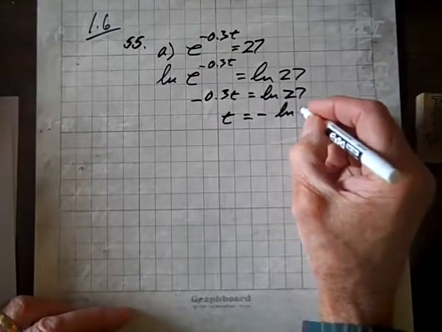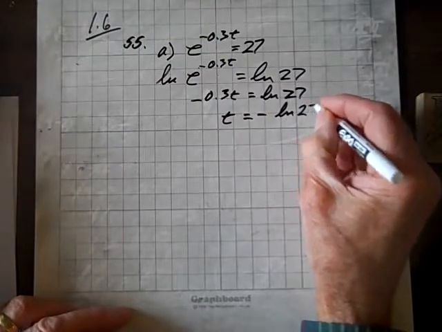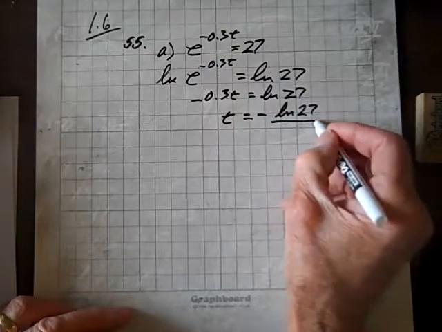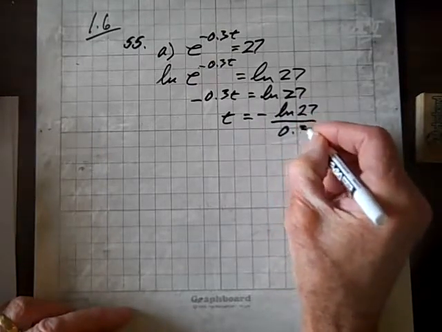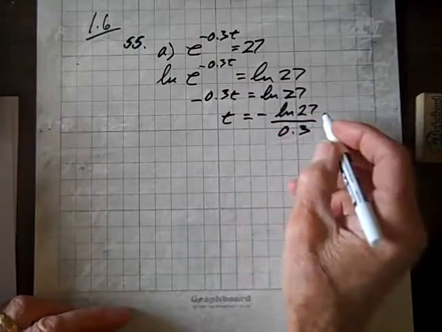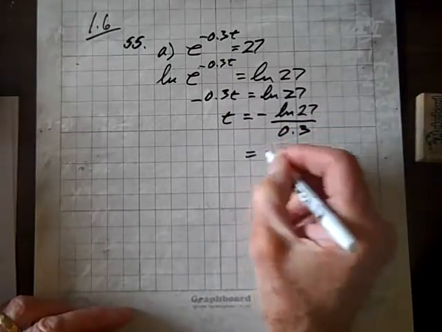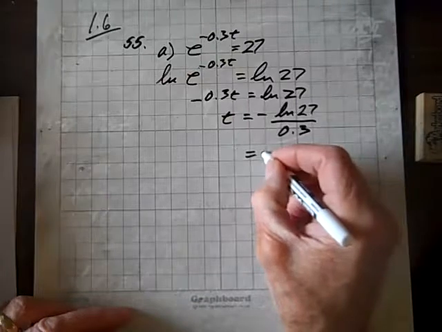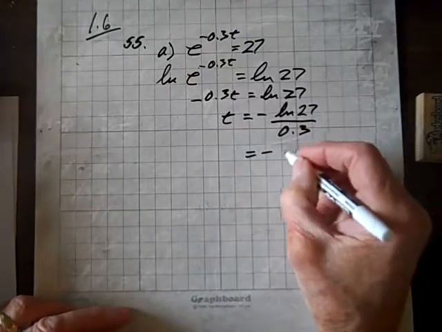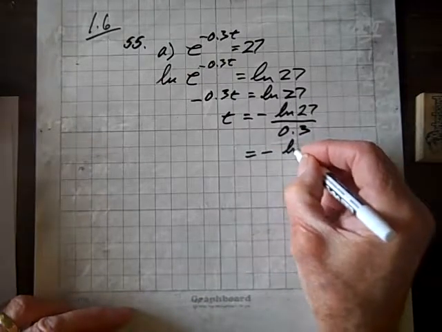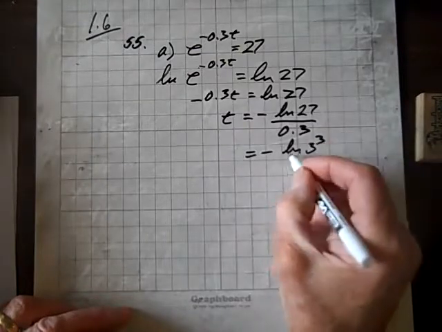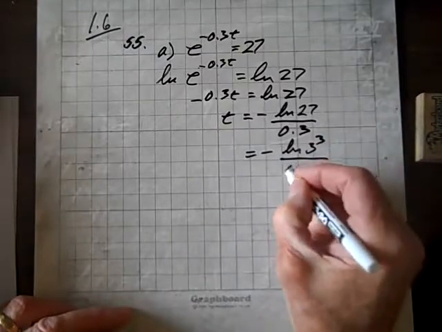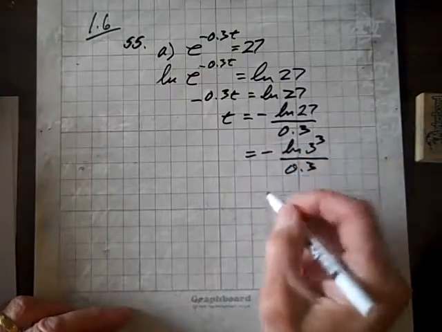ln of 27 over 0.3. Well, 27, by the way, is 3 cubed. So that's going to be the ln of 3 cubed over 0.3, and the sign's negative.